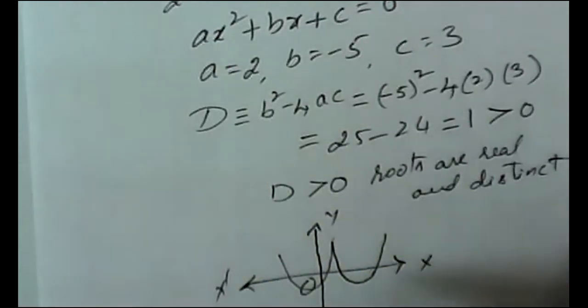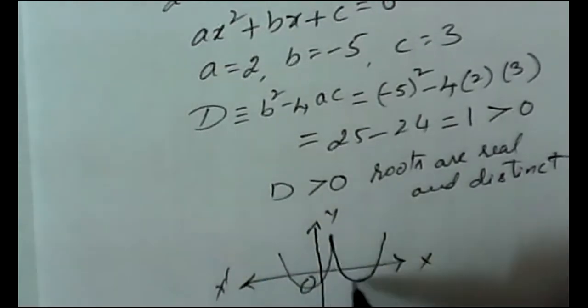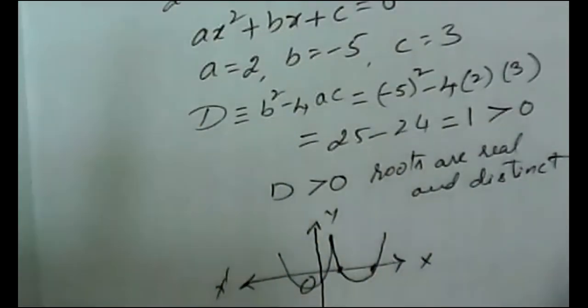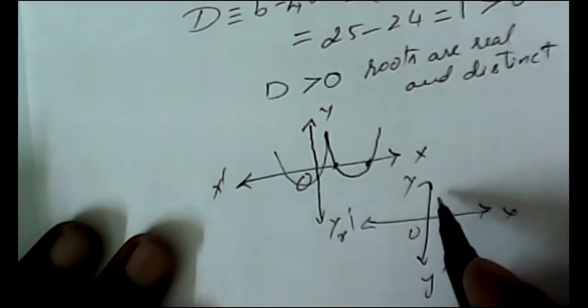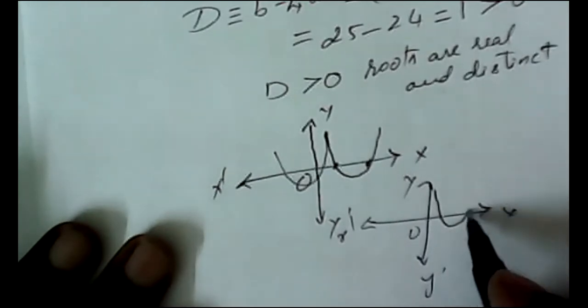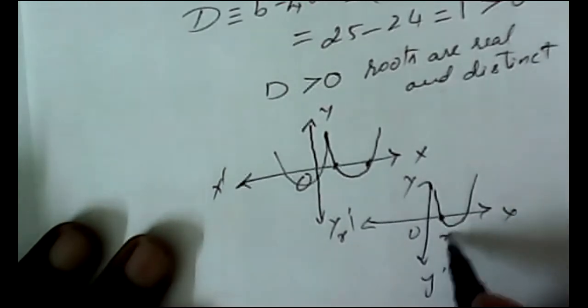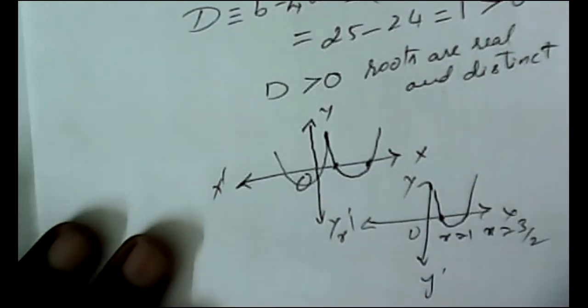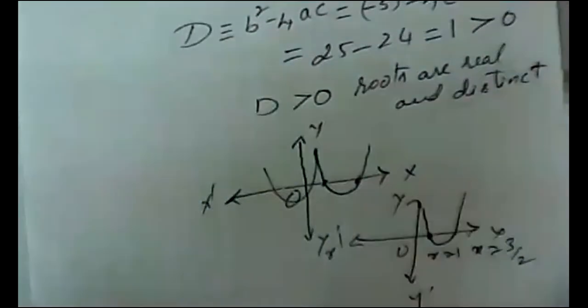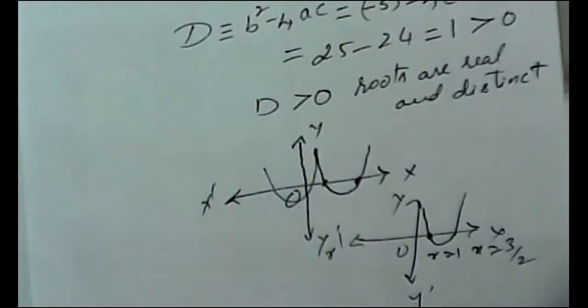So one of the graphs may be this graph, cutting x-axis. So your graph is now like this: x-axis, y-axis, x dash, y dash. So it is like this, cutting at x is equal to 1 and x is equal to 3/2. That is 1.5. Did you understand? So this is the nature of the graph.